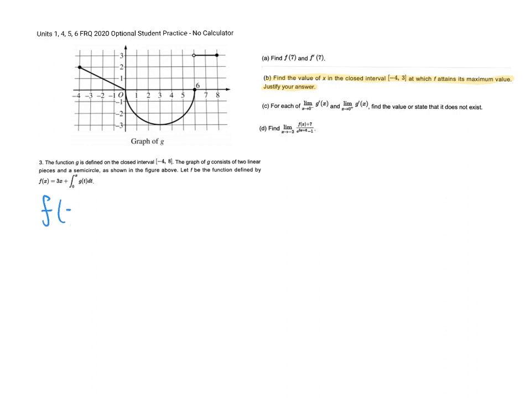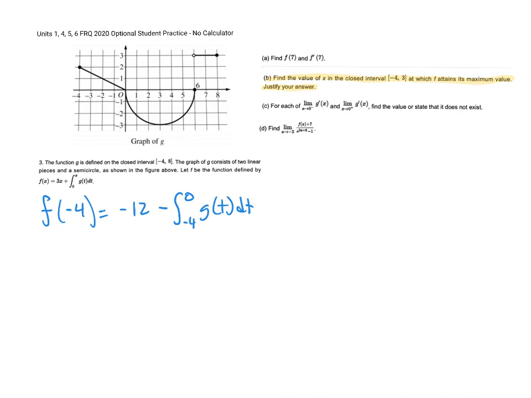So f of negative 4, let's just compute this. That's going to be 3 times negative 4, which is negative 12, plus the integral from 0 to negative 4. I'm going to switch that, make that minus the integral from negative 4 to 0. So I just switched the limits of integration and changed the sign on the definite integral.